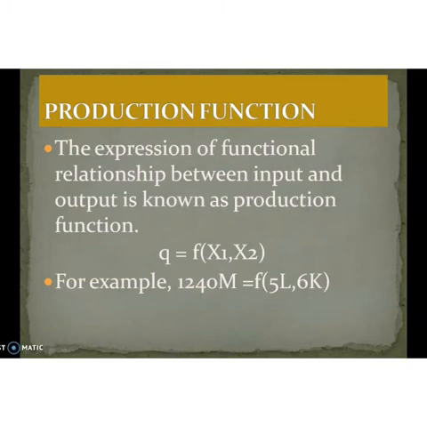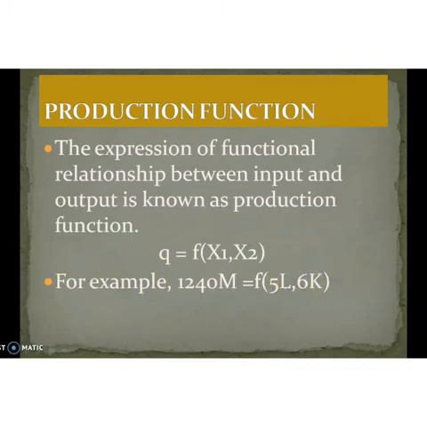It says that a maximum of 1240 units of commodity M can be produced by using 5 units of labor and 6 units of capital. Here L stands for labor and K stands for capital.